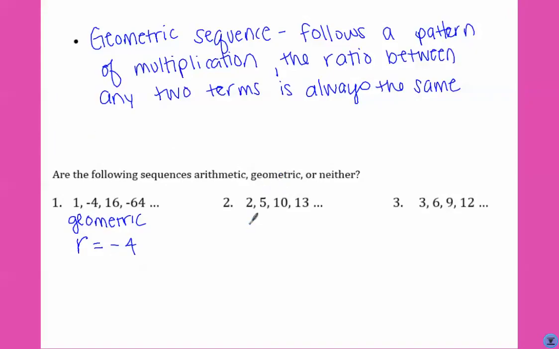Number 2 would be neither. It adds 3, then it adds 5, or it doubles, and then it adds 3 again, so it's doing too many different things. Number 3 is arithmetic. It goes from 3 to 6 to 9 to 12, which means we have a common difference of 3. We're adding 3 each time.